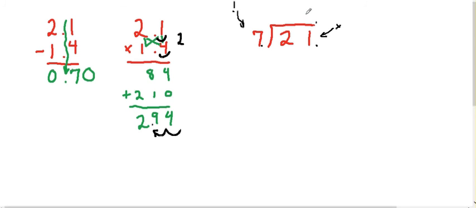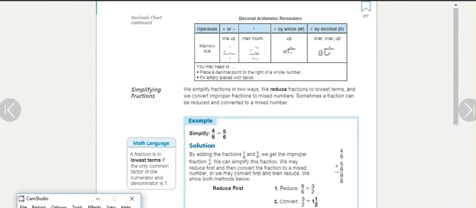Then 7 goes into 21 3 times, right? 3 is still the answer if I was dividing 2.1 by 7. The answer is still 3, but that's harder to find than this one was. Okay, so that was basically a summary of this chart here. The decimal arithmetic reminders on page 277.